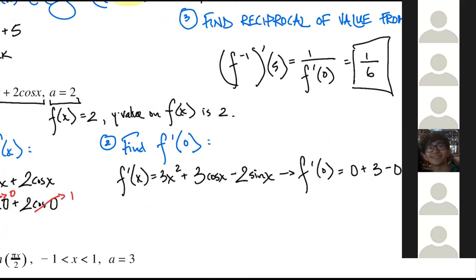What's our last step here? We find that reciprocal.